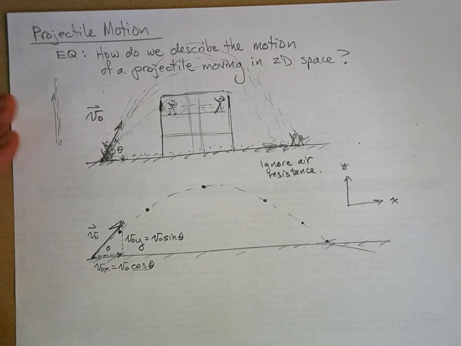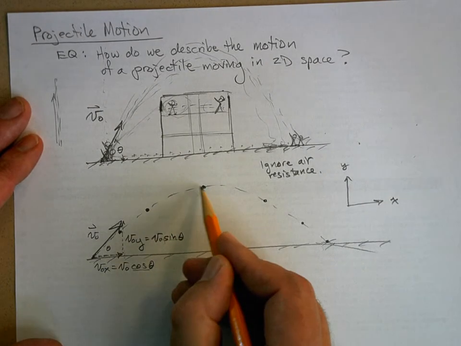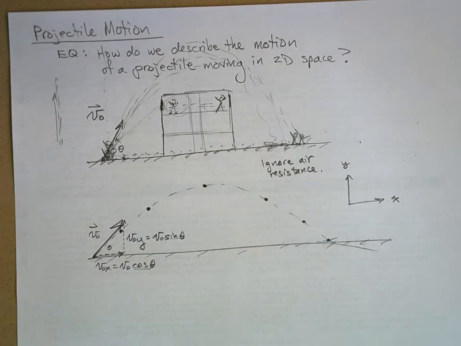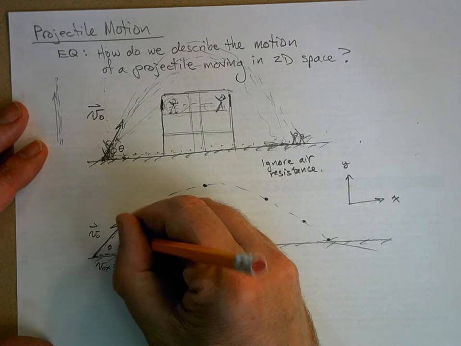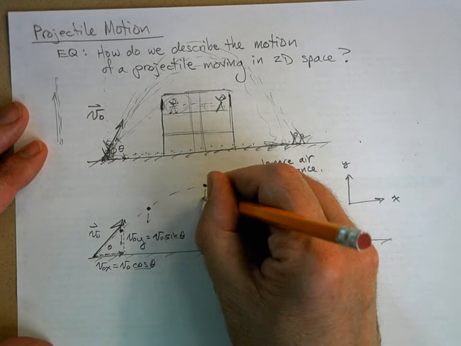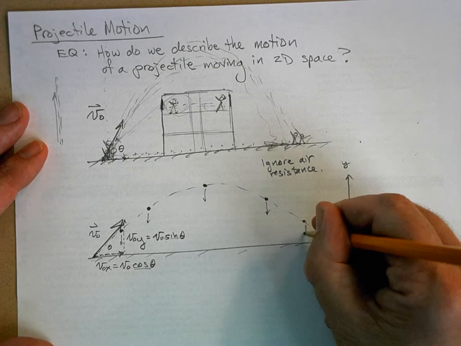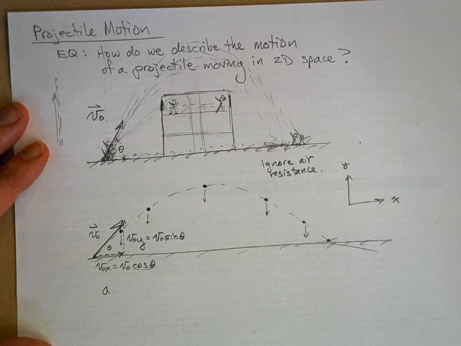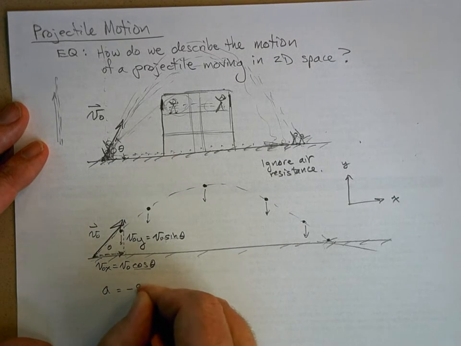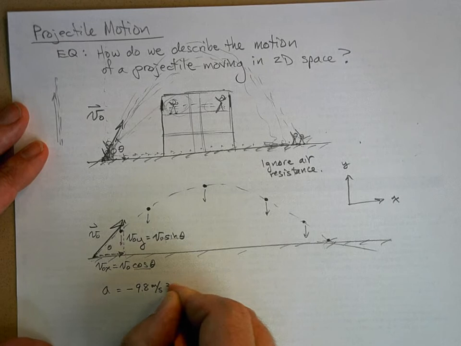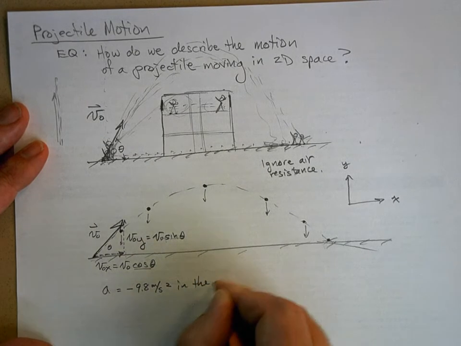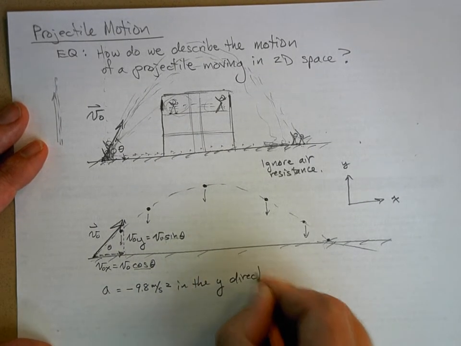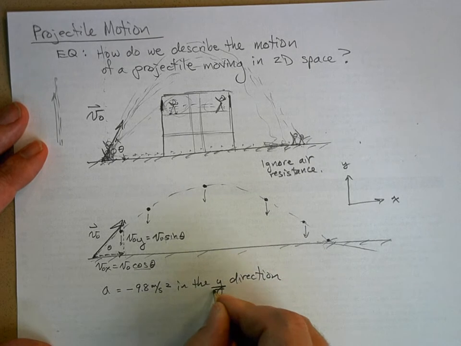Now, if that's true, imagine this water balloon everywhere. What's the only thing interacting with it? What's the only thing affecting its motion? Gravity, right? So the acceleration is what? The acceleration on the water balloon is equal to negative 9.8 meters per second squared in the y direction.